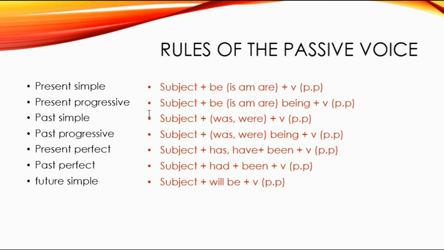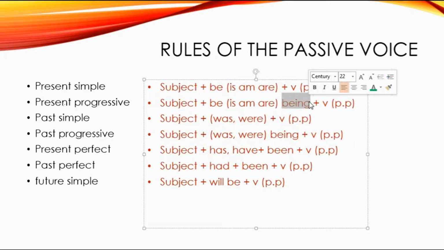For present progressive, we have the subject, is, are, and been. This is always there. The been should always be there, plus the verb, past participle. For past simple, we have the subject, was or were, one of them. If it is plural, it is were. If it is singular, then it is was. Then we have the past participle form of the verb. We also have past progressive.